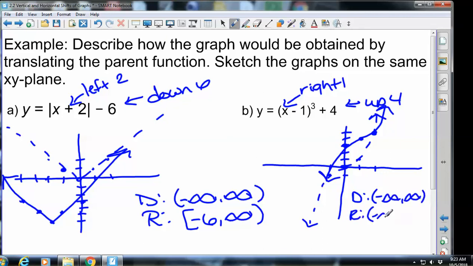What is your range? The homework is going to sometimes give you an equation and ask you for the domain or range from that equation. So all you need to do is draw your quick sketch of the transformation and then look at that graph and answer the question. Alright, any issues with this stuff? No, ma'am. Okay, so you have a Math Excel assignment.